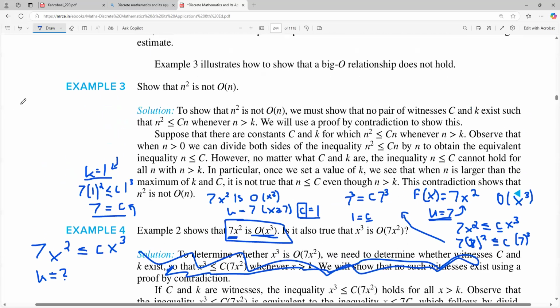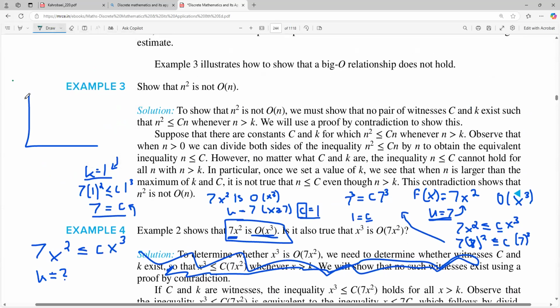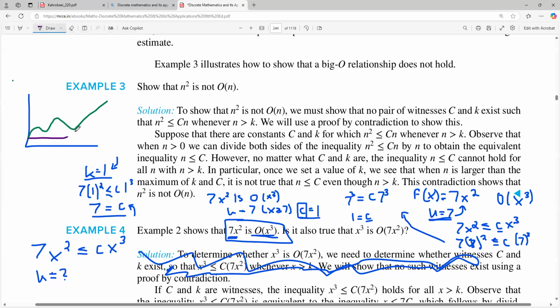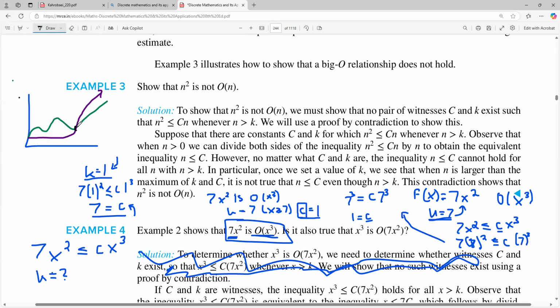If you want to see this graphically, say this is the green function, right? And this is our second function, g. As long as there is some value right here, this is our k in this case.